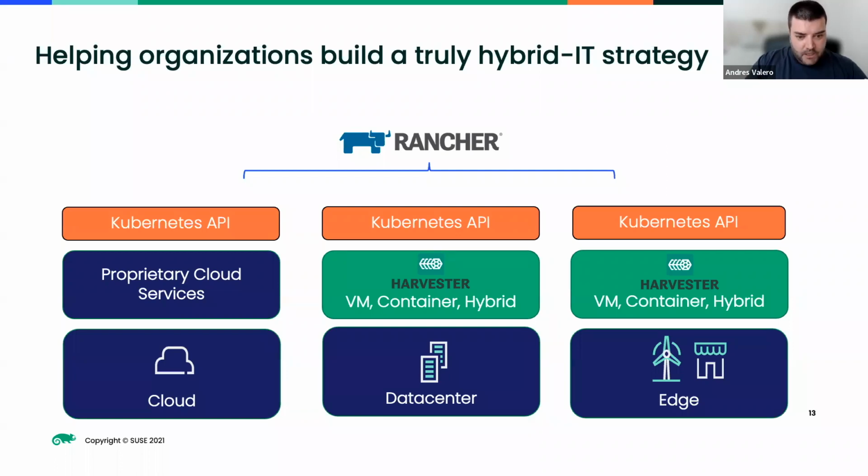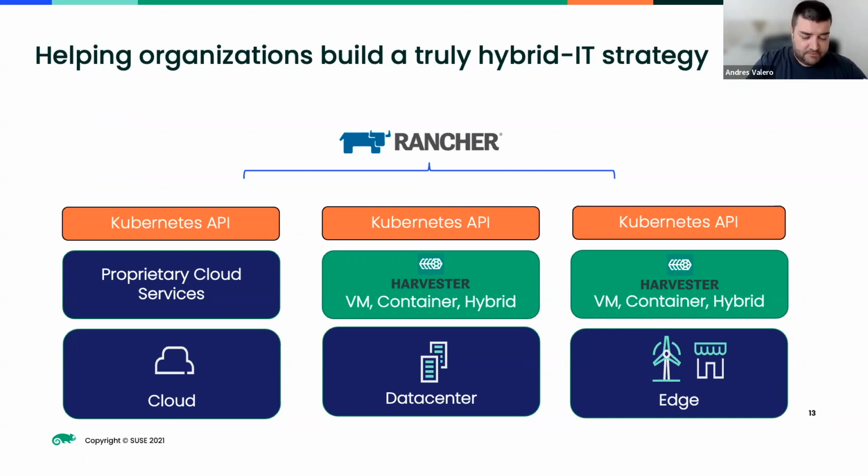Now, use cases that we can cover with Harvester and with Rancher. We can use it at the edge. Harvester doesn't need to be a proper cluster. It can run on one single node. So you can use it at the edge. You can use it as a proper cluster in a data center.